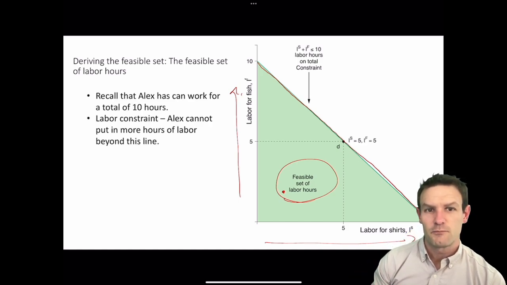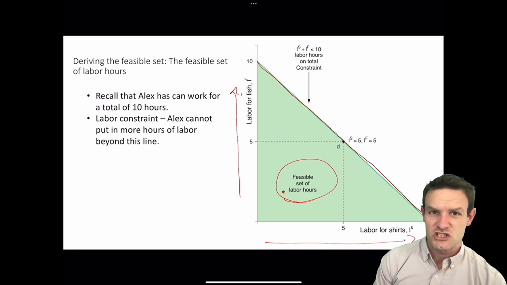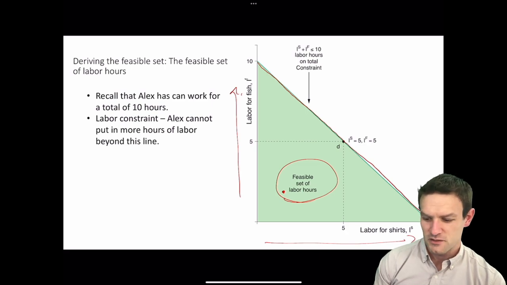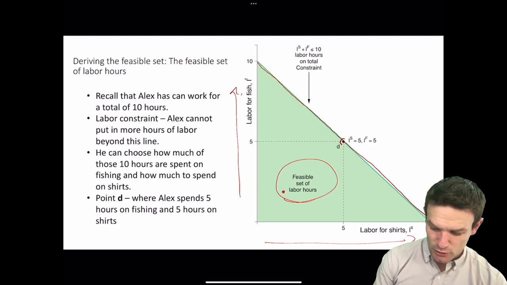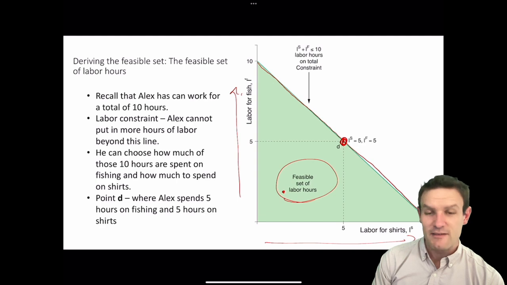So he can work for a total of 10 hours each day. Labor constraint: he can't put in more hours of labor beyond this. Okay, so at point D over here, he spends 5 hours on fishing and 5 hours on shirt making. Now recall, that resulted in 2.5 fish and 2.5 shirts.